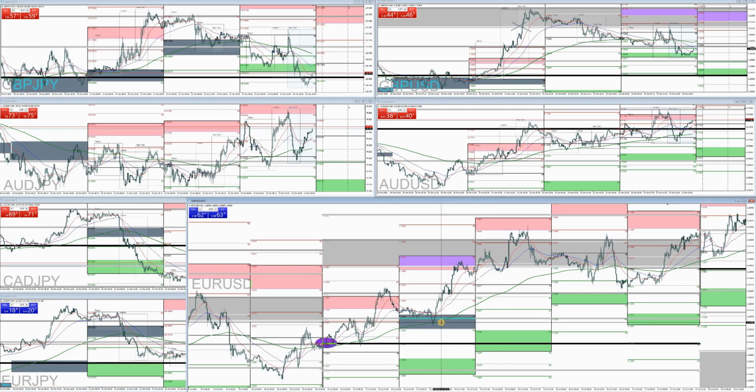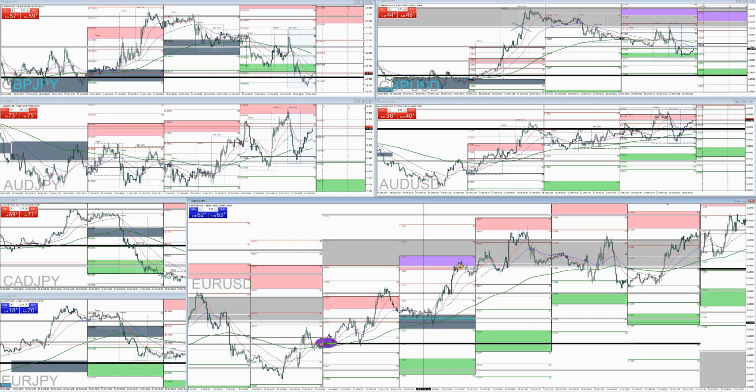Okay. So what I'm looking for is a take profit either at the weekly zone or at a daily take profit zone. If I was to take profit at the weekly zone, this would have been a plus 69 pips.